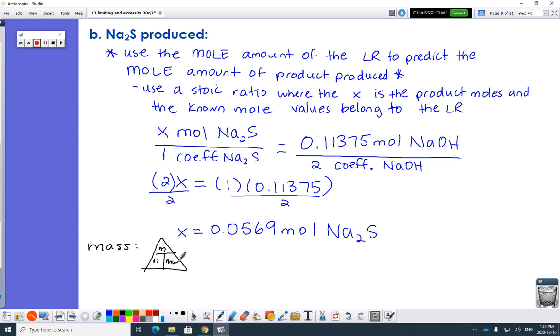Okay, so whether you're a triangle person or not, you can decide how you want to do this. Same thing with the molecular weight. You can choose to show your work or not.